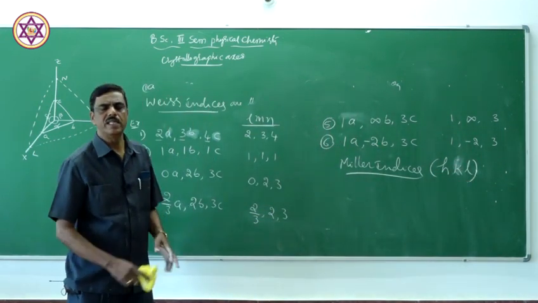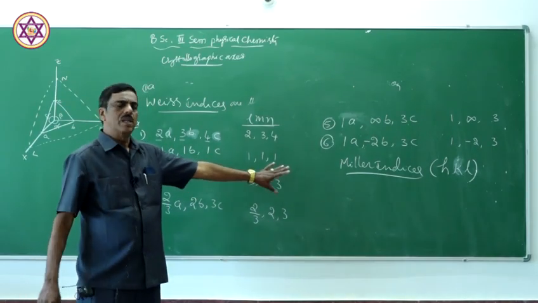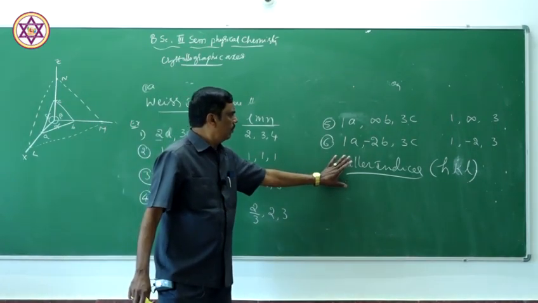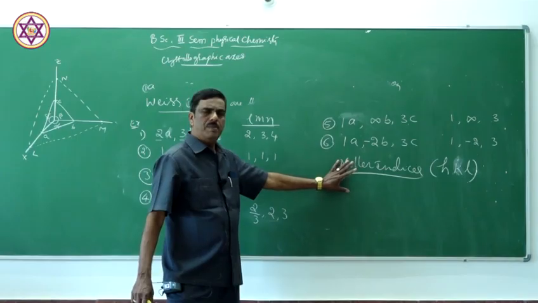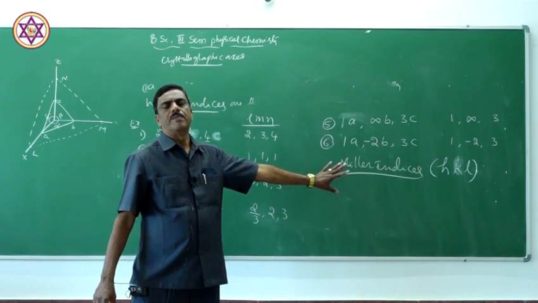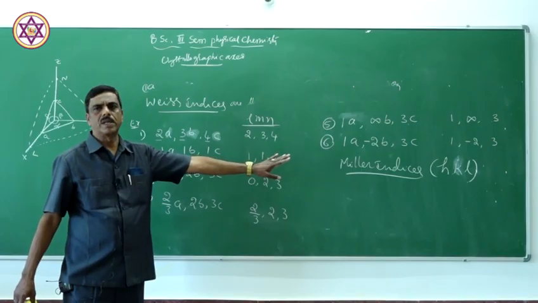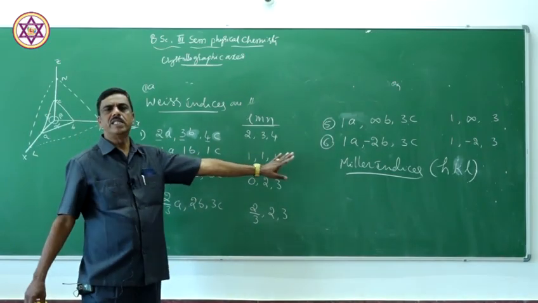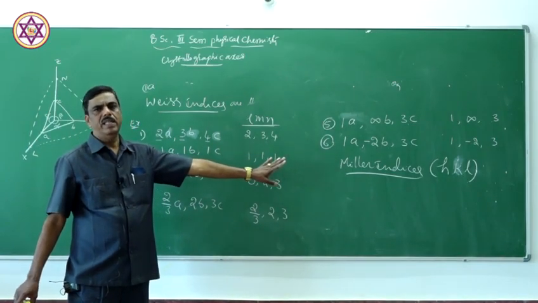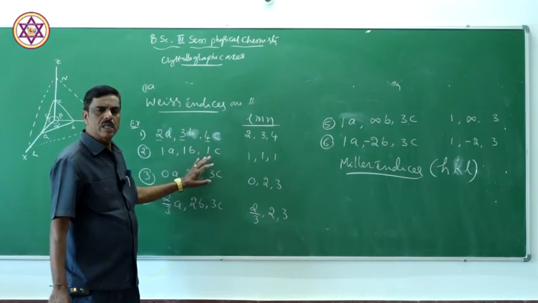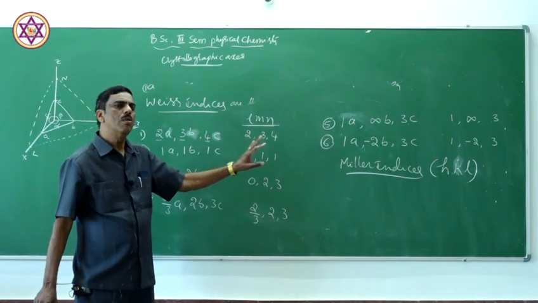HKL is the Miller indices. The speciality of these Miller indices is that they are all whole numbers. So, these Weiss indices are converted into whole numbers. How to convert these Weiss indices into Miller indices? There is a simple procedure.